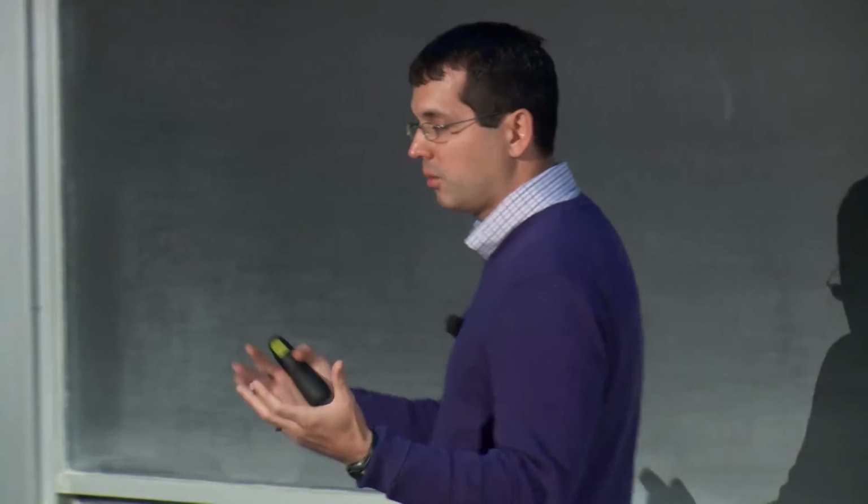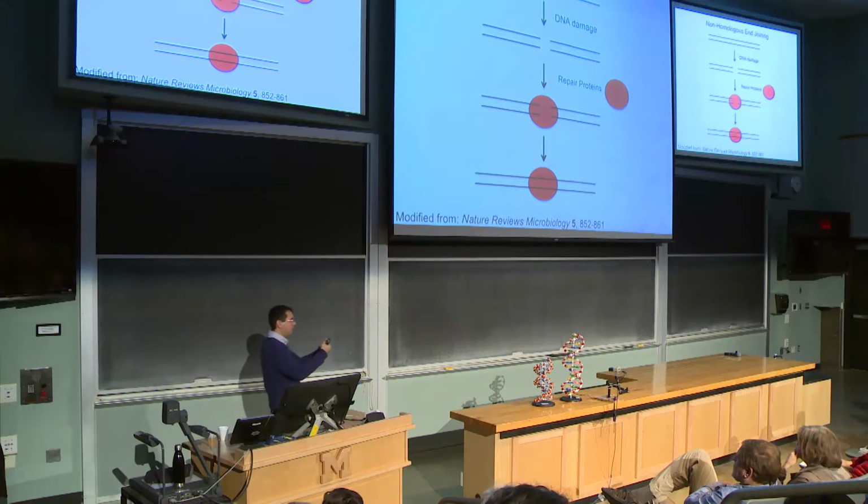All right? One of the problems, and this is a great repair pathway and it's very important, is that, you can think about this for a minute. If the ends are not completely complementary to go back together easily, and the proteins need to modify them to put them back together, then what happens?